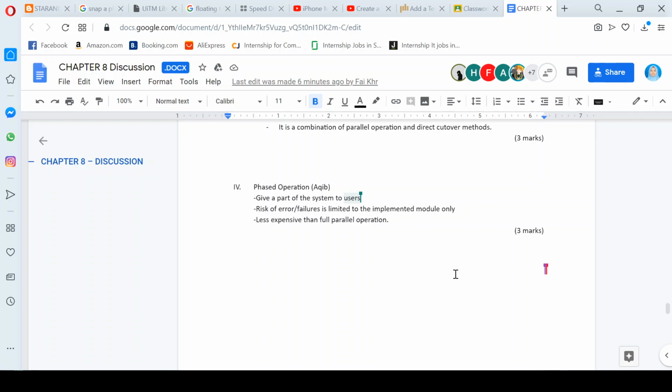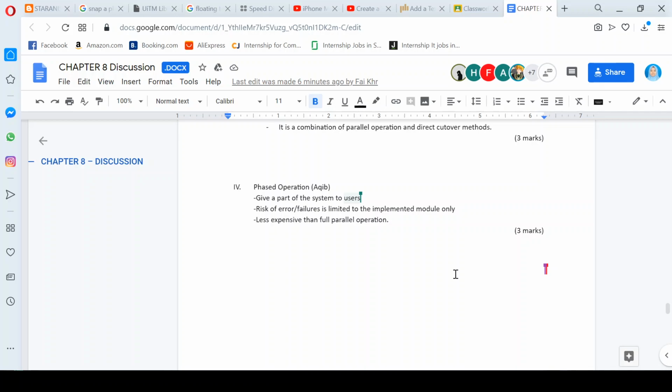Contohnya kita akan bagi login. So user tu dia akan nampak interface yang baru untuk login. So bila user tu dah login, dia masukkan username dengan password. So when the username and password is correct, and then dia akan didirect kepada sistem yang lama, interface yang lama. Sebab kita hanya bagi bahagian login saja yang baru.